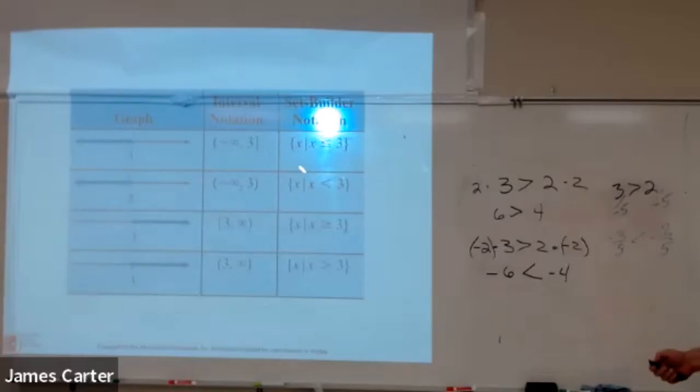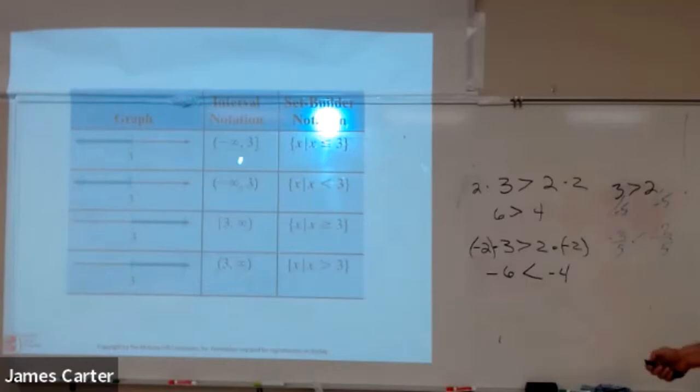This is the set of x values where x is less than 3, but not inclusive of 3. Set of x values where x is bigger than 3, but including 3. And likewise, not including 3.